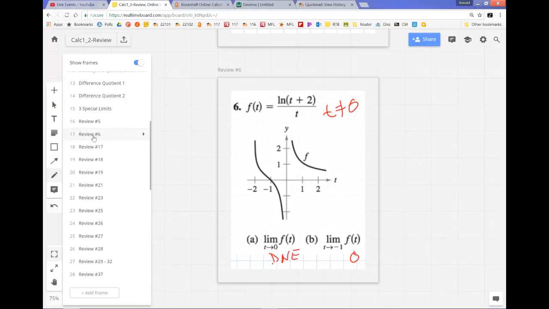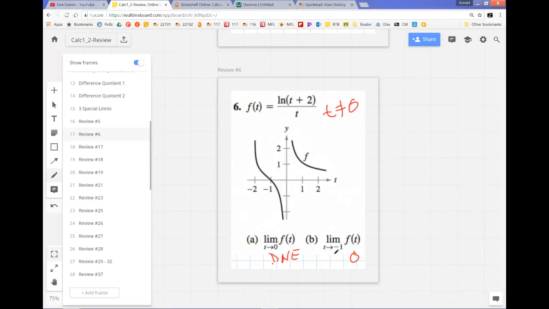So just looking at the graph, in part A, what's the limit as t approaches 0? From the left, we're down to negative infinity again. From the right, we're up at positive infinity, and never the twain shall meet, so does not exist.